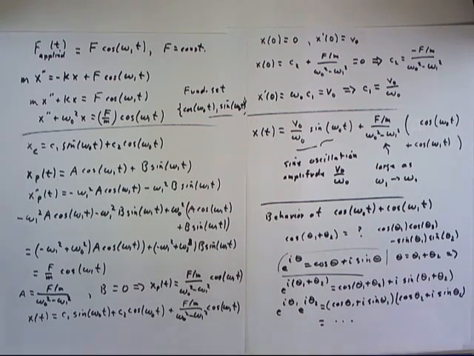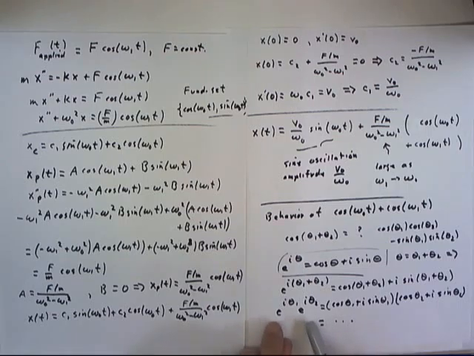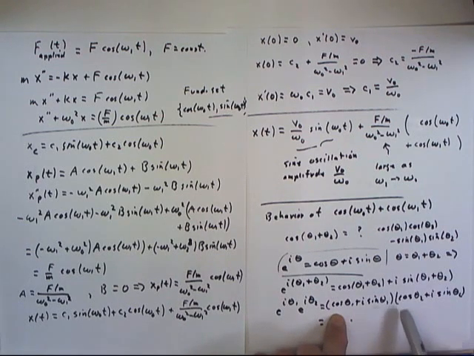By the laws of exponents, e to the I theta 1 plus theta 2 equals e to the I theta 1 multiplied by e to the I theta 2. And if we write out what e to the I theta 1 and e to the I theta 2 mean, we get this expression and this expression.